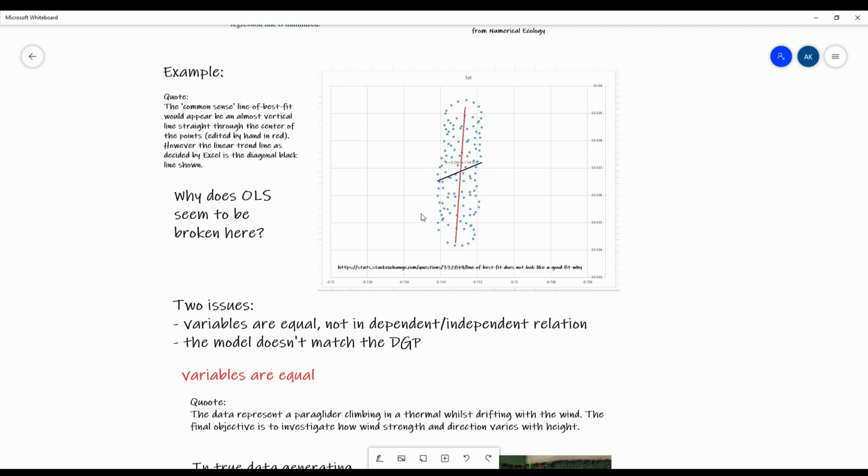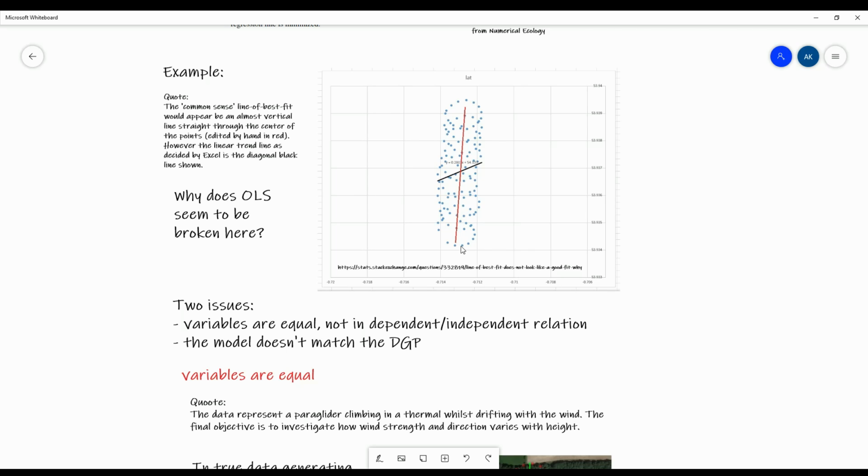So these coordinates, in a way, are equal. It's not like one of them is defining the other. And in that case, we saw how major axis regression seemed to fit the data very well. And we then saw the Excel example of how we could produce this sort of graph.